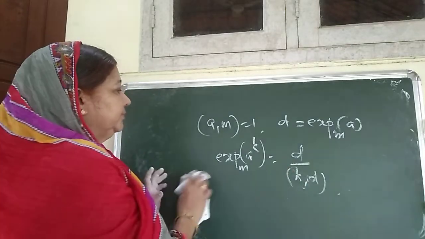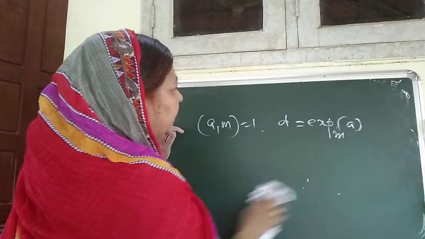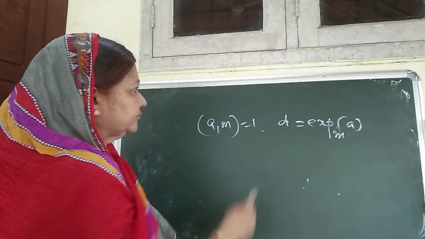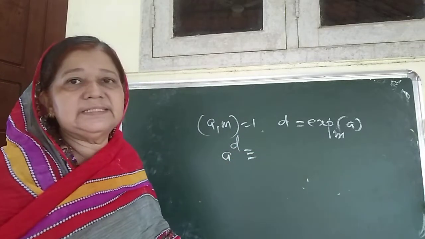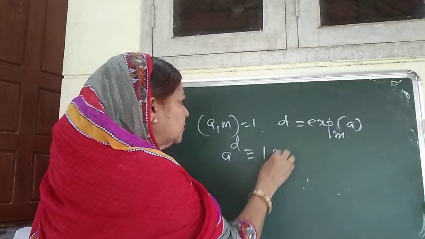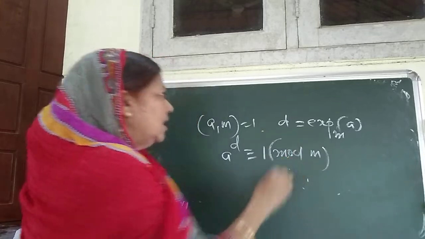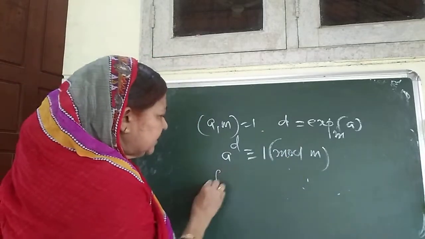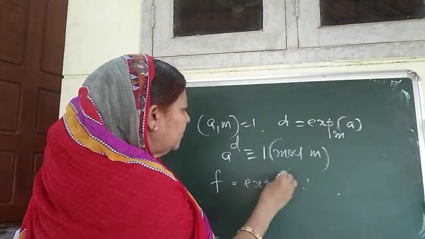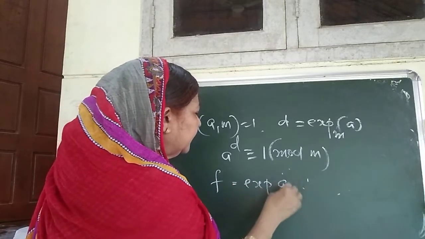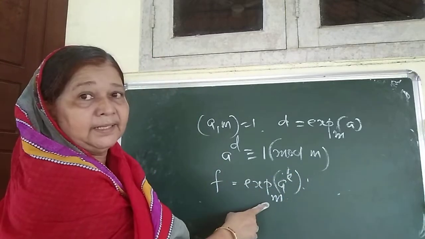We know that since the exponent mod m of a is equal to d, d is the least positive integer such that a raised to d is congruent to 1 modulo m. Also, we assume that f is the exponent mod m of a raised to k.